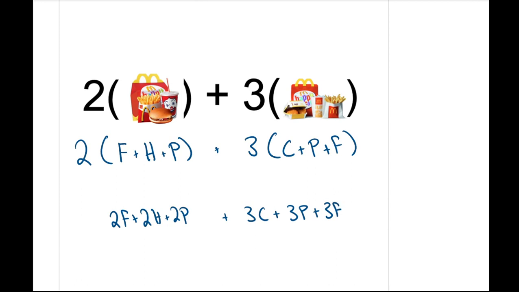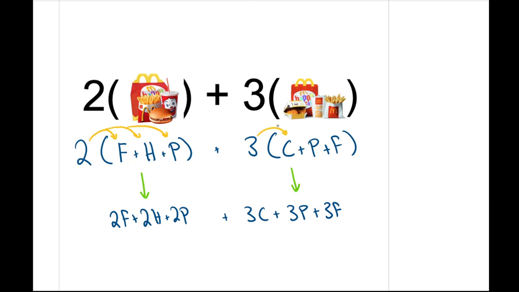But how did we get here? What did we do? Right? Because we had 2 times something in brackets. So how do we multiply when we have a number outside a bracket that has multiple items on the inside? If you compare how we got here, hopefully you'll see that in order to get here, this 2 had to be multiplied to the number of French fries, to the number of hamburgers, and to the number of pops.